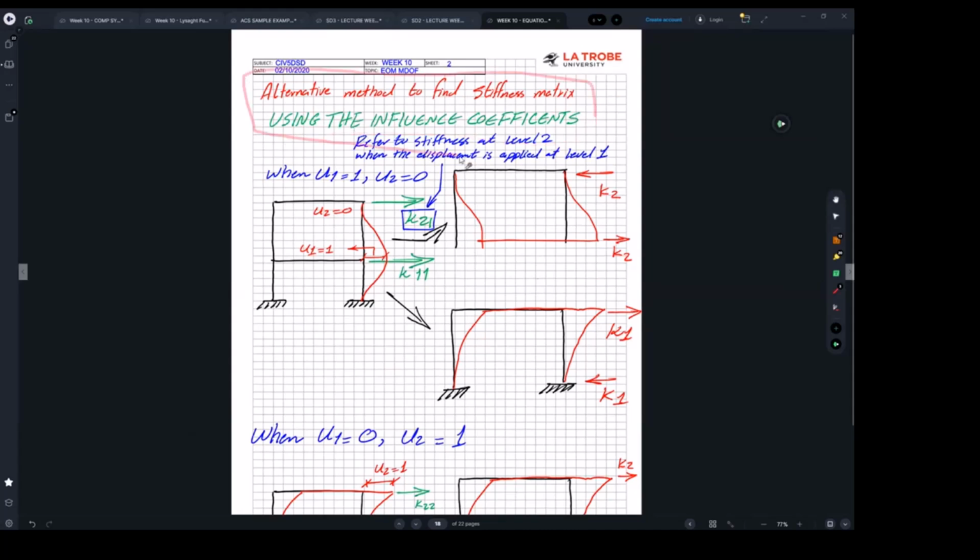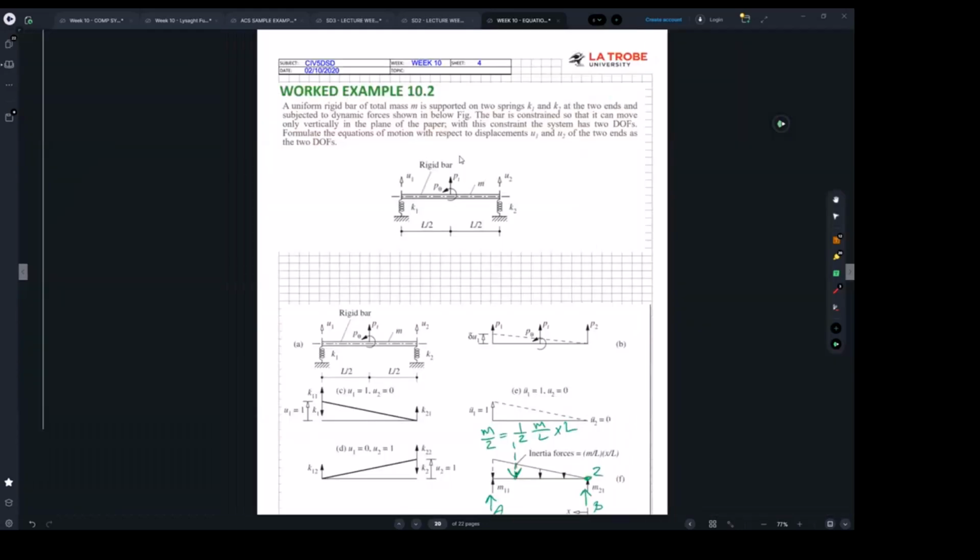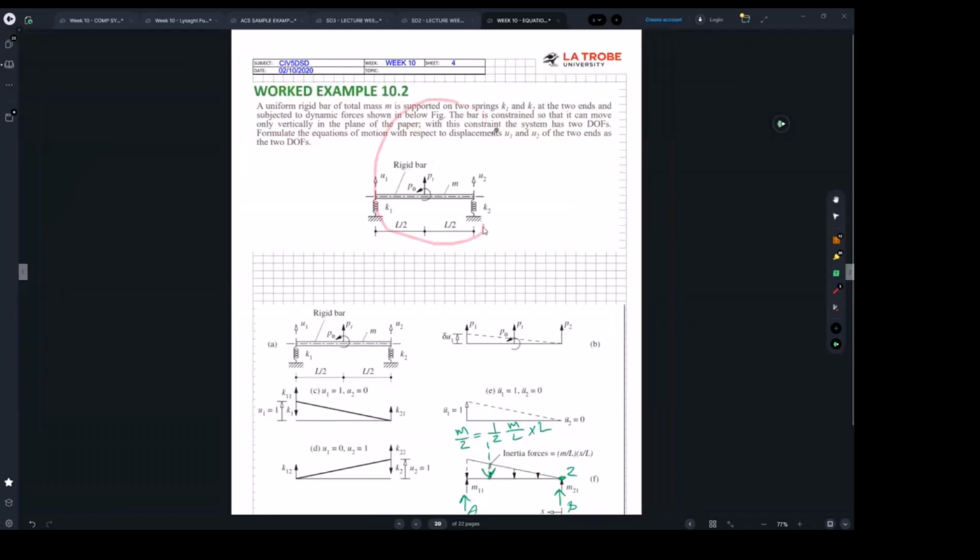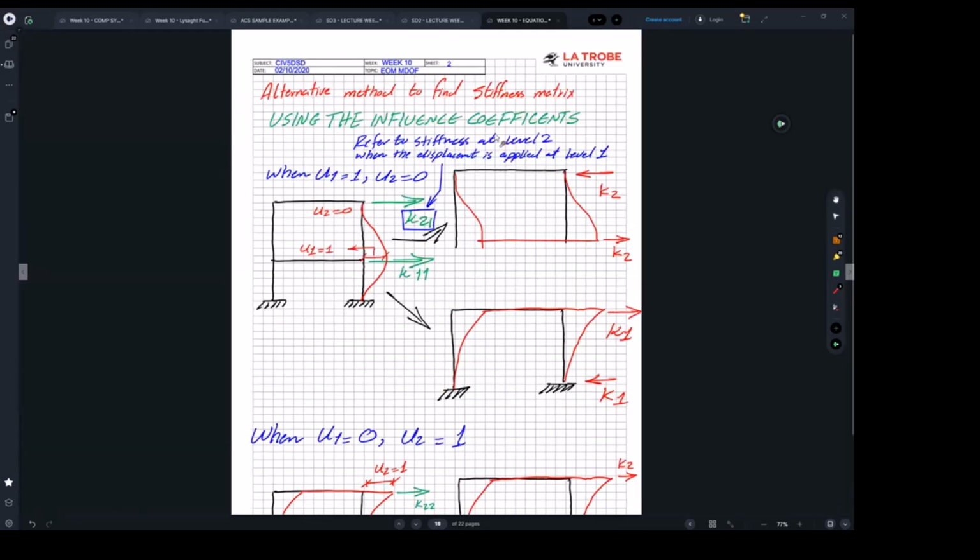And we may ask you to use one of them, because the influence coefficients can help you in special cases, like the very last question here. This one can only be solved, or easily be solved, by using the influence coefficient method.